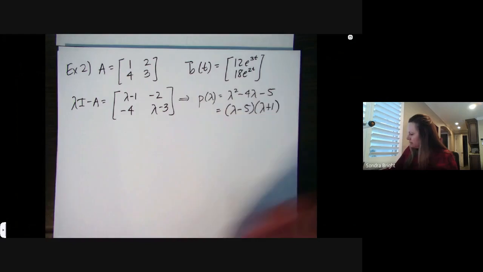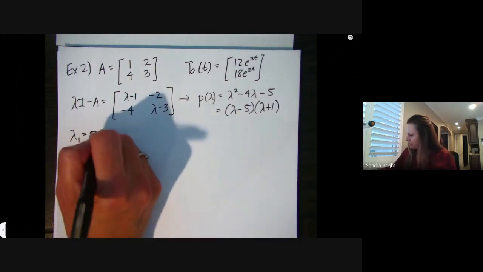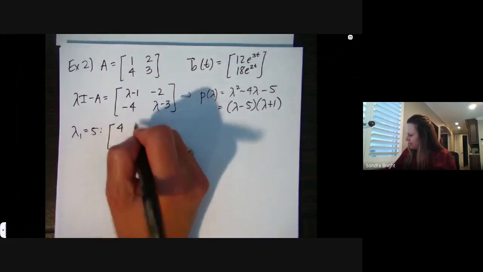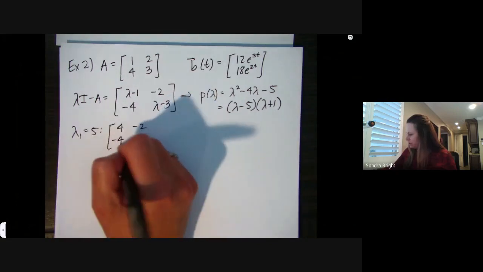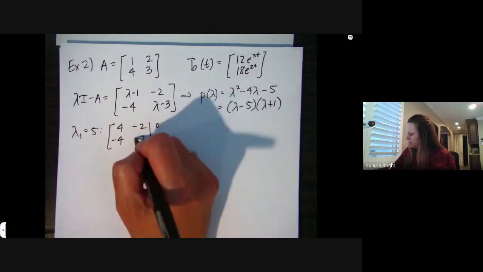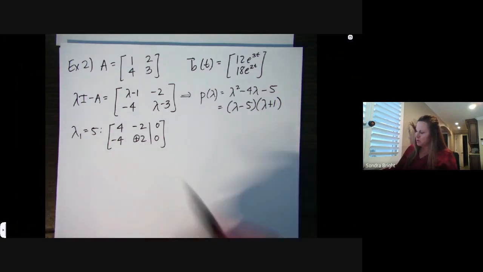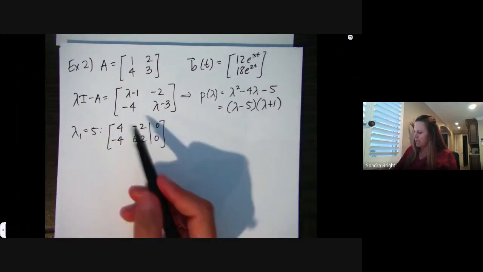Plugging in when the first eigenvalue is 5, I would have 4, negative 2, negative 4, negative 2, positive 2. Sorry about that. 5 minus 3 is positive 2. All right, and then notice if you just add row 1 to row 2, bye-bye. That's nice.